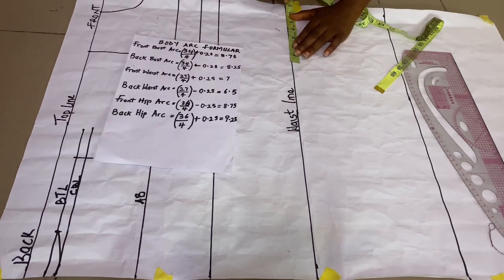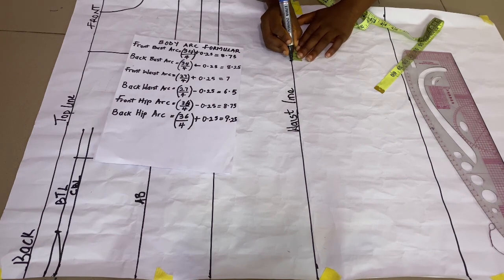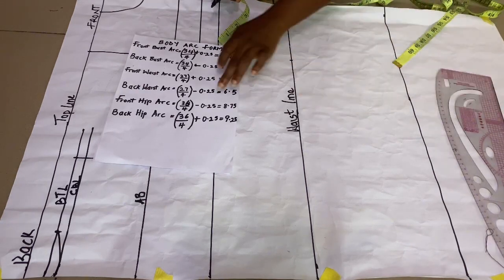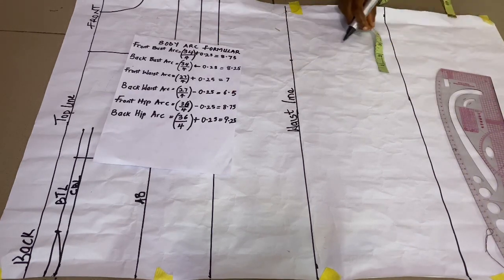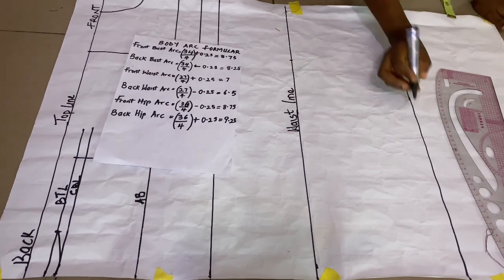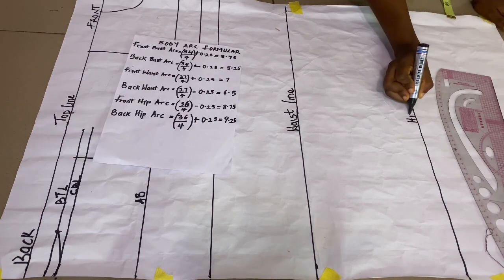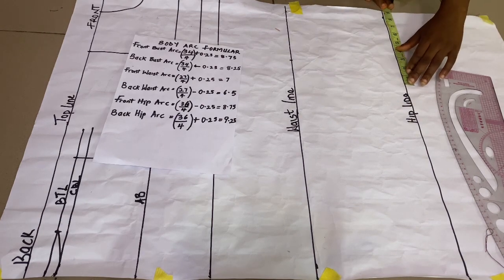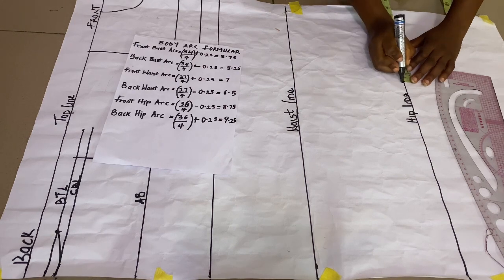So I'll mark it on this waistline from the edge of the paper. Then the front hip arc is 8.75. So I'll mark 8.75 on the hip line. This is the hip line. I'll mark 8.75 here.